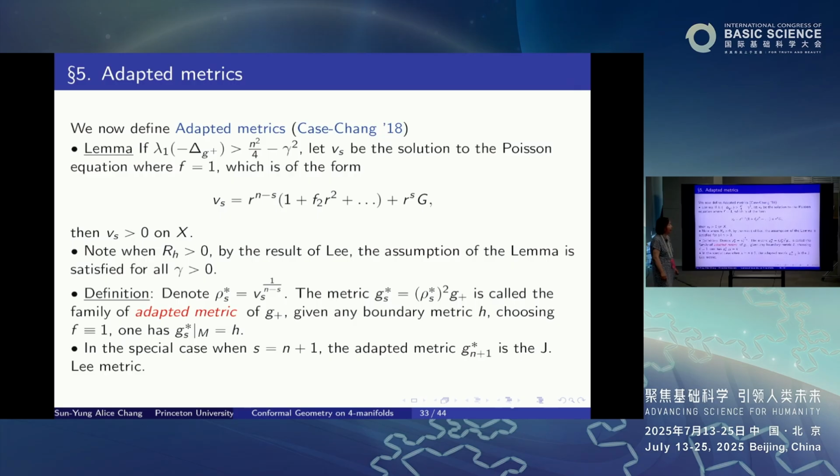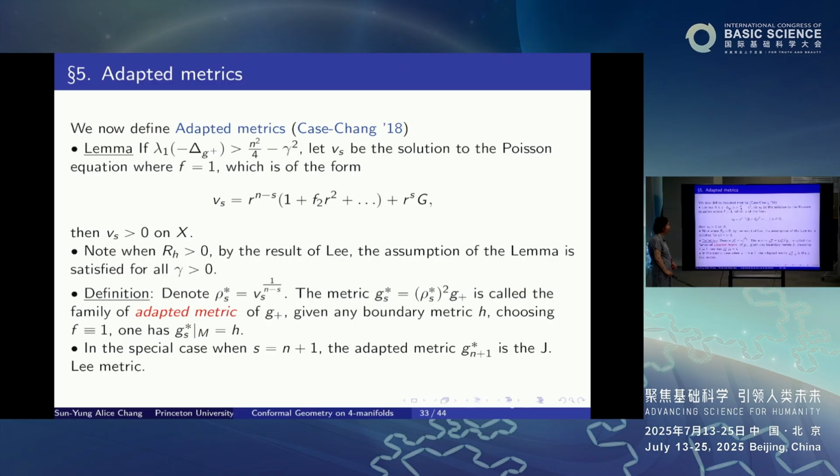And now, using this information, given an H, we can construct many extensions. One observation is that when lambda 1 is bigger than n squared over 4 minus gamma squared, this Vs, by solving that with Dirichlet data 1, is strictly positive.